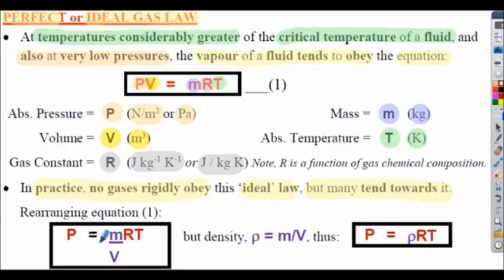Some textbooks do show these versions where, dividing throughout by volume V, we have pressure is equal to mass divided by volume, that's all multiplied by R multiplied by T. And if we note that density is actually the mass divided by the volume, then we can also state the equation as P is equal to density symbol rho multiplied by R multiplied by T. But mostly we'll use the format shown in equation 1.